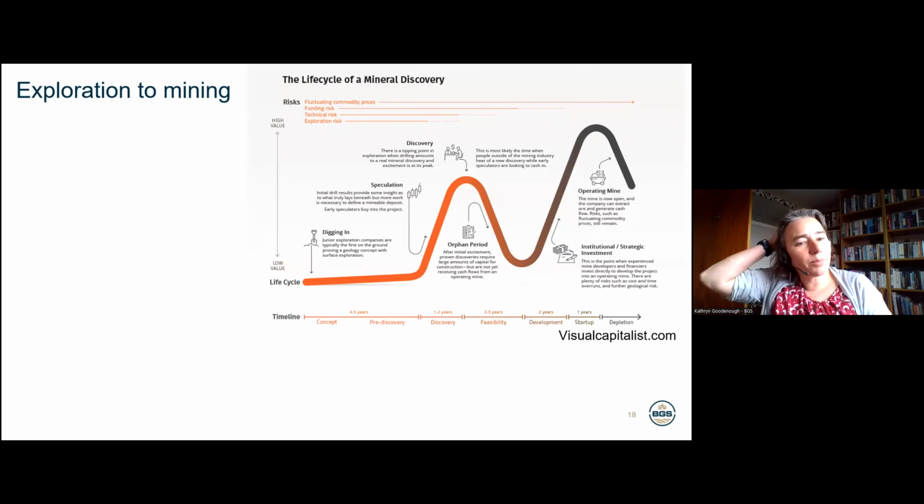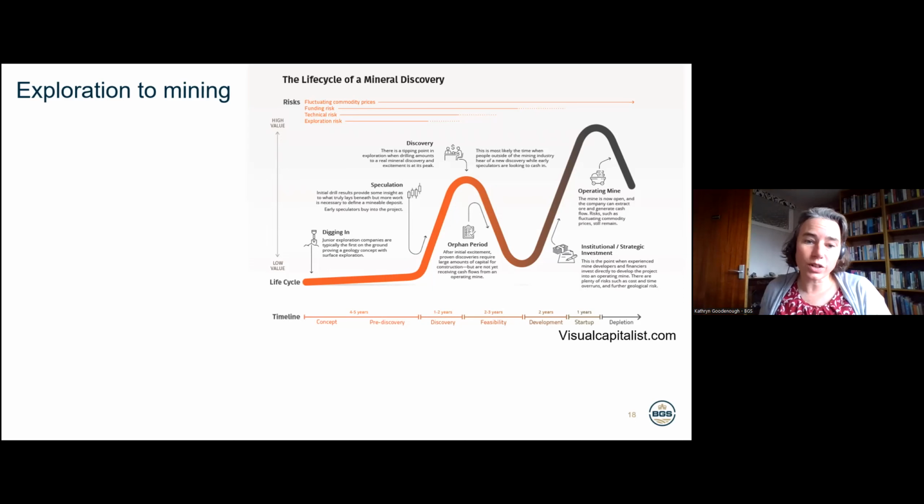And one of the really important points, certainly that is really critical to our understanding of critical minerals today, is the amount of time it takes to get into that value chain. So this is a nice diagram from visualcapitalist.com showing the life cycle of a mineral discovery.